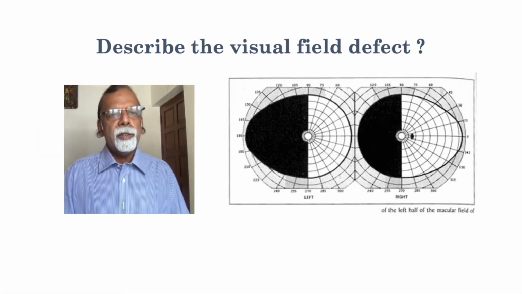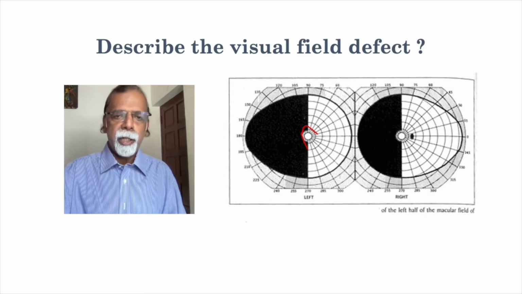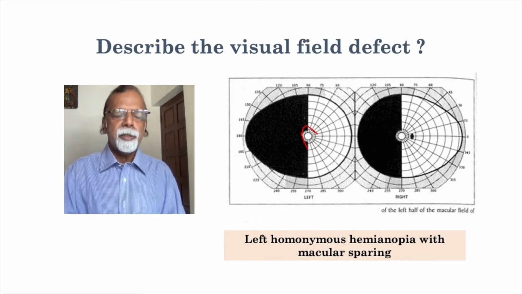So let us see what is this field defect. Here you can see that this macular region is spared. This is called macular sparing homonymous hemianopia. So what is this macular sparing and what is the reason? So here again you can see it is a homonymous hemianopia. The left half of the visual field is lost.